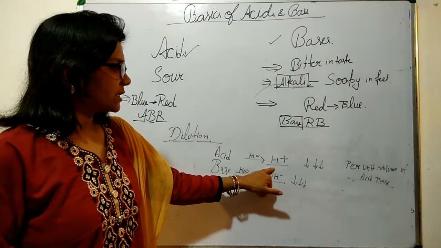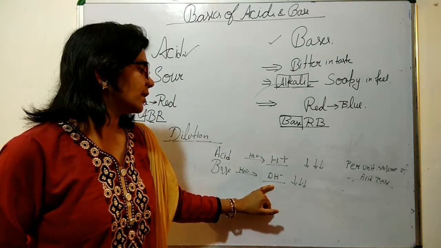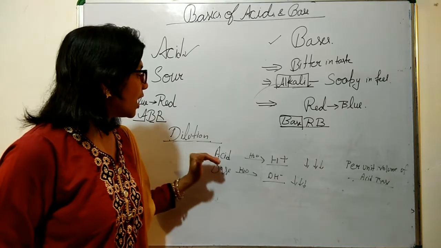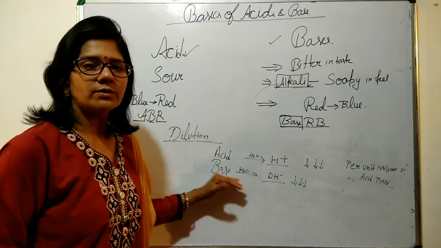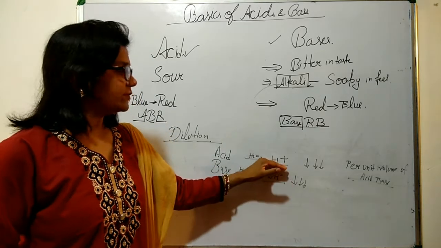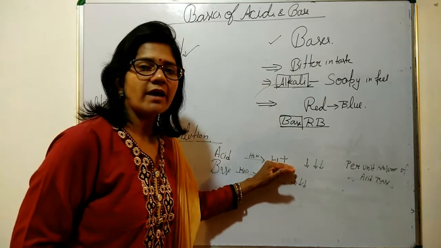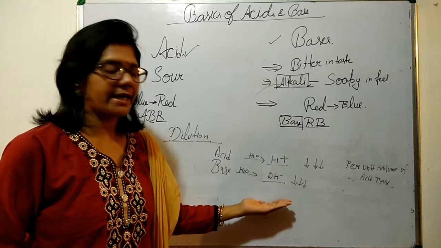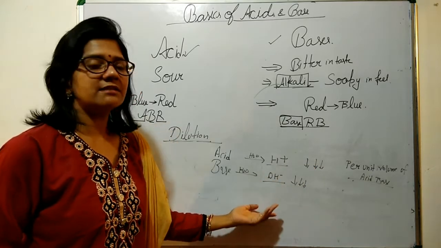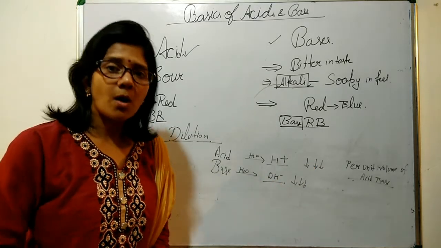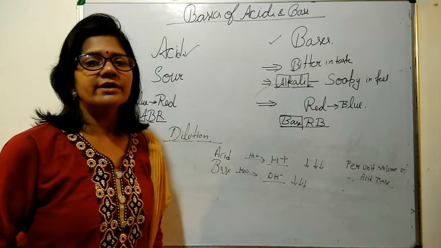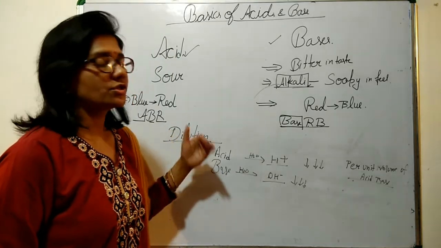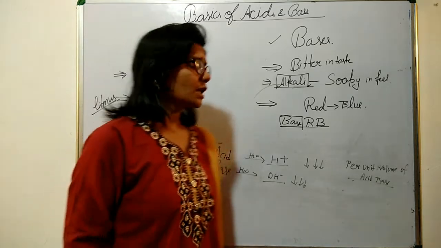The hydrogen ion or hydroxide ion tells how strong or weak your acid or base is. If there is a large amount of hydrogen ion, it is highly acidic or a strong acid, and if there is a large amount of hydroxide ion or less hydrogen ion, it is a strong base.